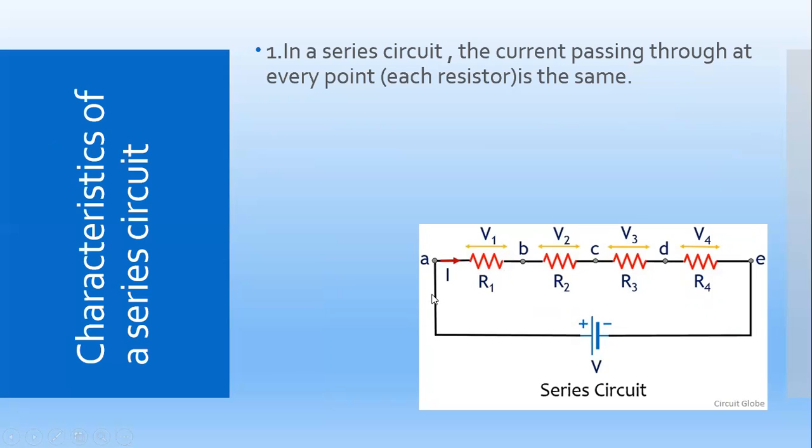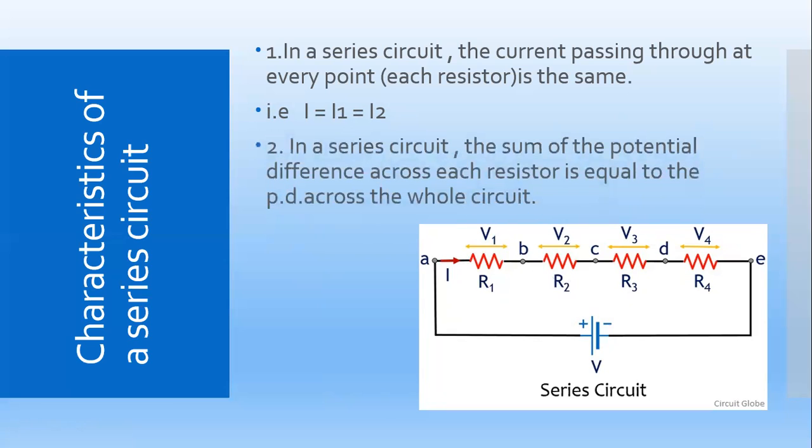The amount of current at point D, at point E, and at point B, everywhere, is the same. That is, the current of the battery is equal to the current I1, I2, or I3. The amount of current remains the same in a series circuit.